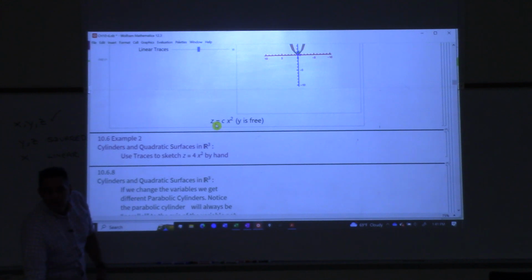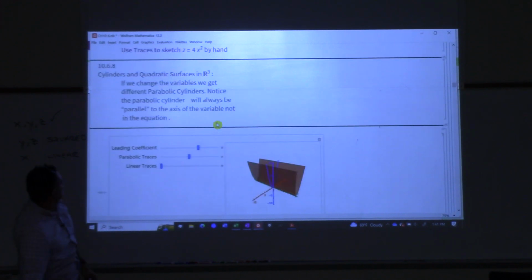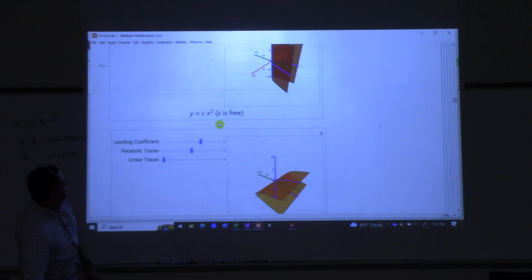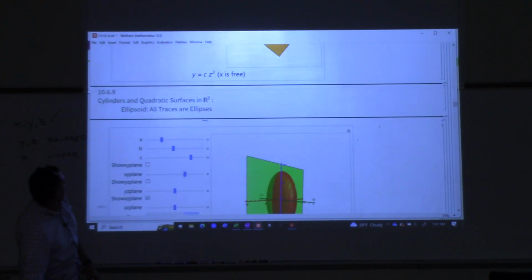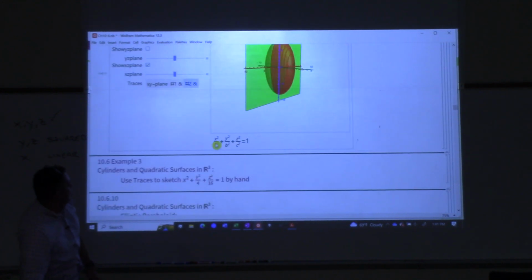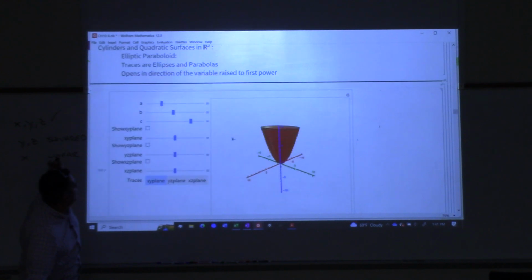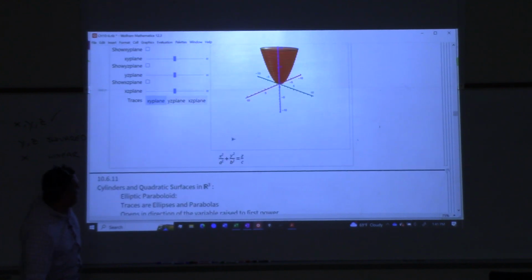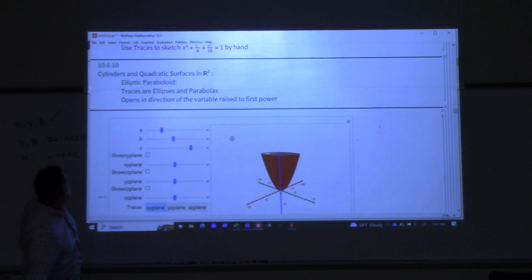Because these have 1 free variable, and our equation has all 3 variables in it, so it can't be that. Okay. Can it be an ellipsoid? All 3 are there, but are they all squared? No. Here they are, here they aren't, so it can't be that. Y'all see what I'm doing? I'm just eliminating things. Did I go too fast there?